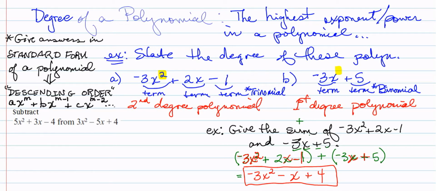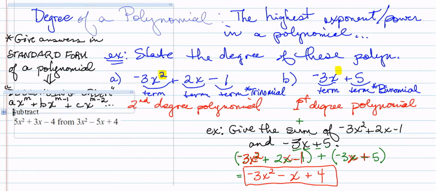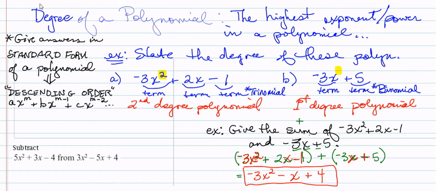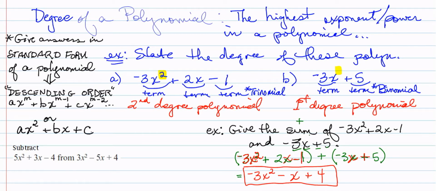So this is one way you will see it pictured. Another way you could see this given in textbooks is in the form of a trinomial. It could be ax squared plus bx plus c, where c is just a constant.